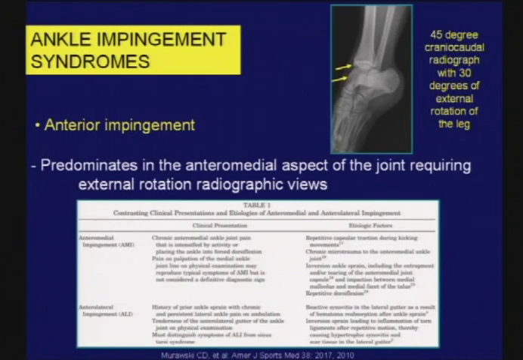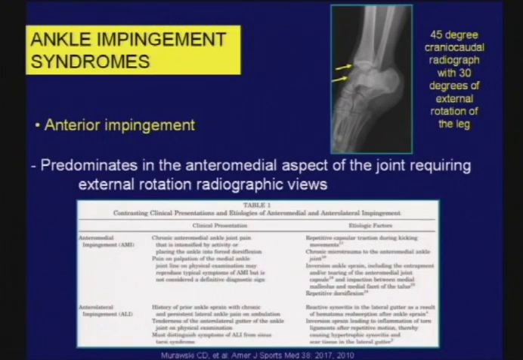In this particular article, they suggested a radiograph, which I show you at the top, taken from the article, which was described as a 45-degree cranial caudal radiograph with 30 degrees of external rotation of the leg. And there were some impressive pictures in the article. We do not use this routinely in our practice, but I think with this position, we are emphasizing the anteromedial aspect of the ankle on the radiograph, and hence it is probably valuable.